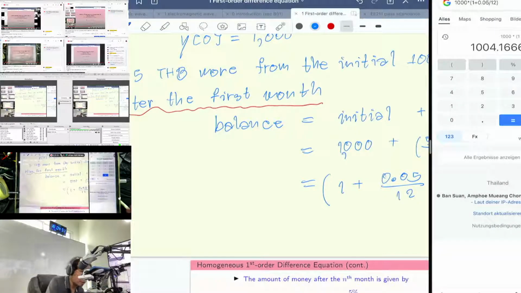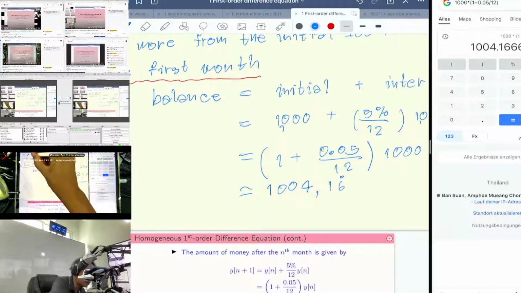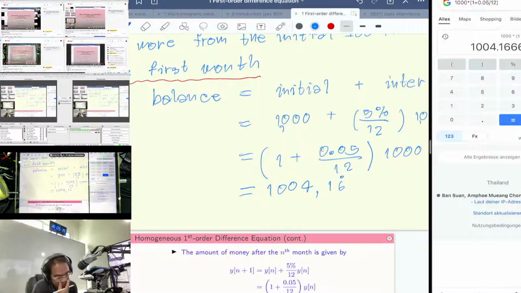Okay, it's approximately 1004.166 blah blah blah. Okay. Here is exact. That's the result after the first month. Okay, you get 4 baht more from the first month.